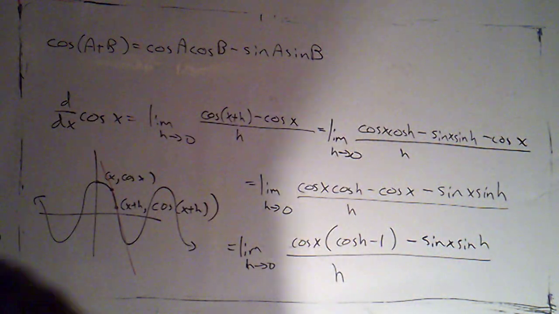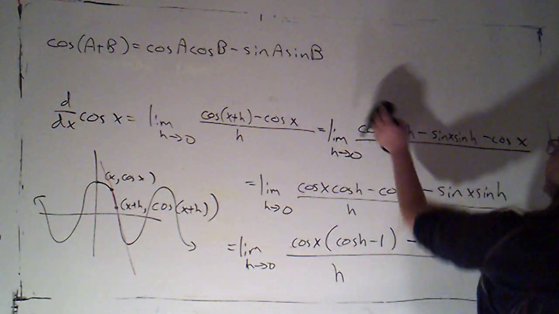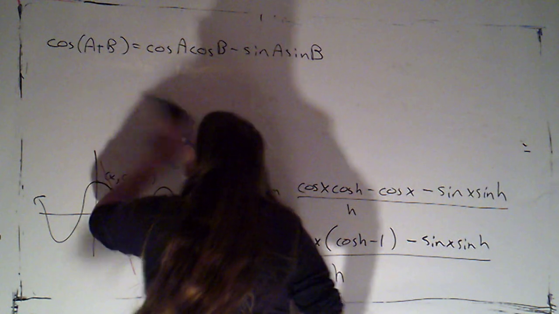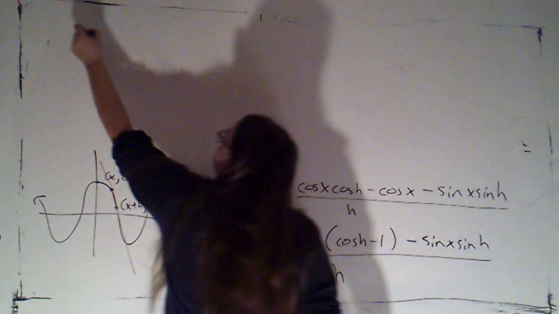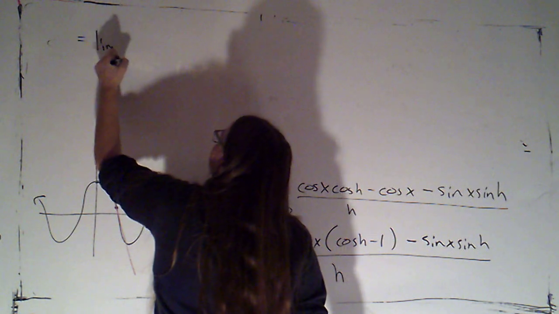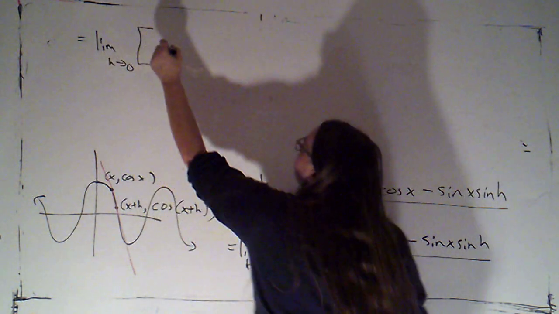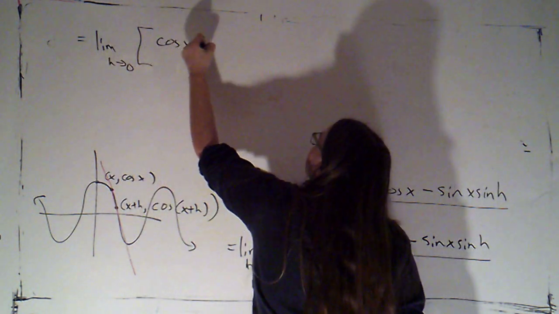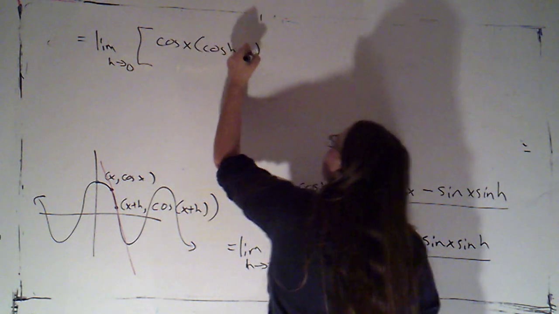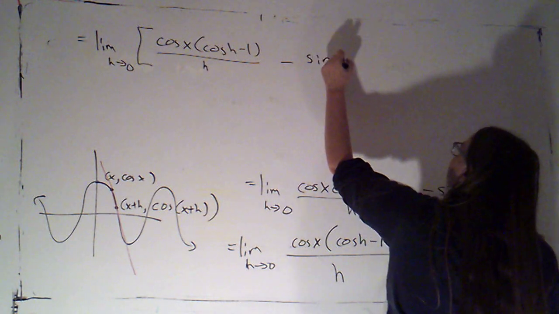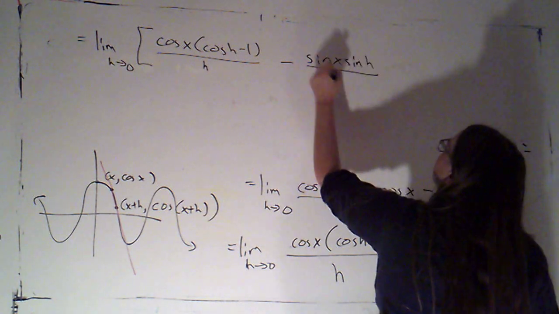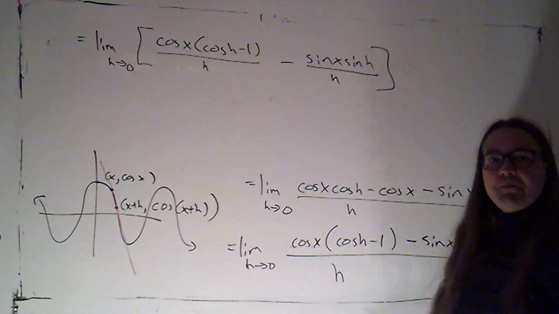Again, I'm going to distribute that division by h to break this up into two fractions. So this becomes the limit as h goes to 0 of cosine of x times cosine h minus 1 over h, minus sine x times sine h over h.